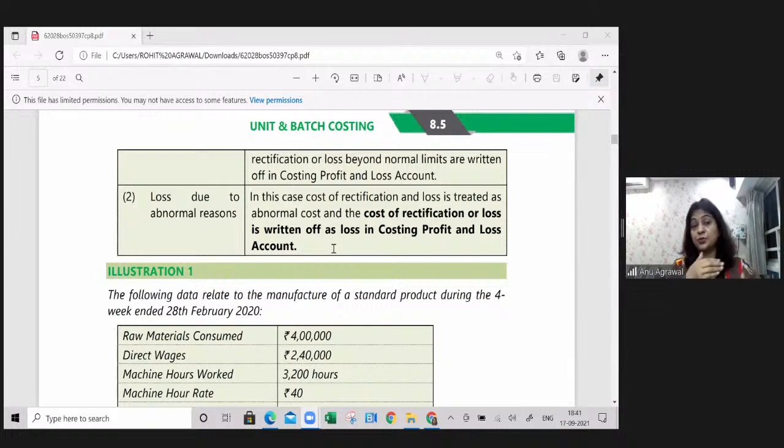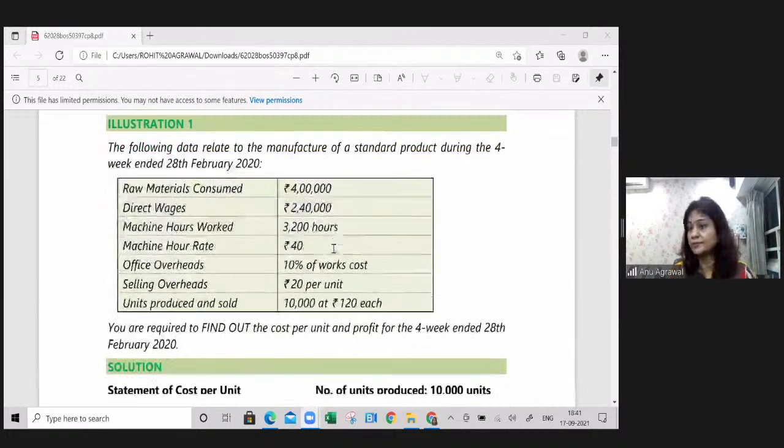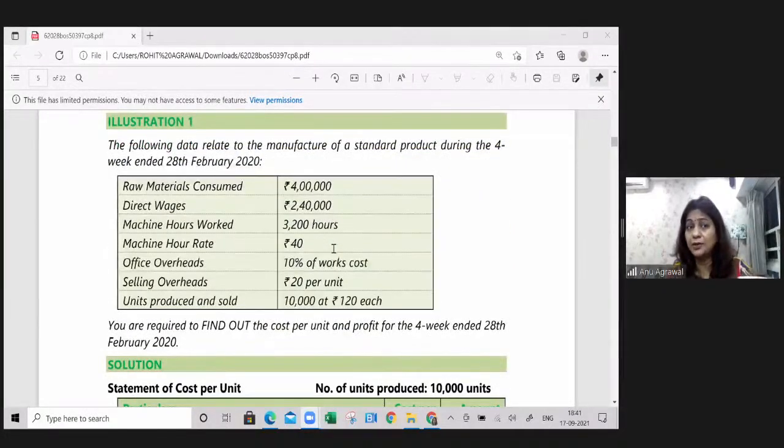You can, if it was within the normal acceptable reasons, you can charge it off to the units, but if not, directly put it into costing P&L. This is very important. Usually students don't even pay heed to it. Somebody said theory, yes, but this theory is very important. It can be a 2 marks MCQ.